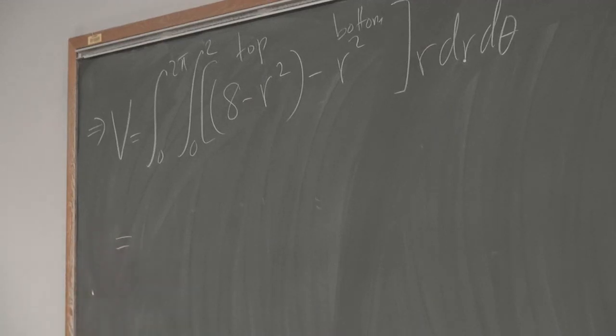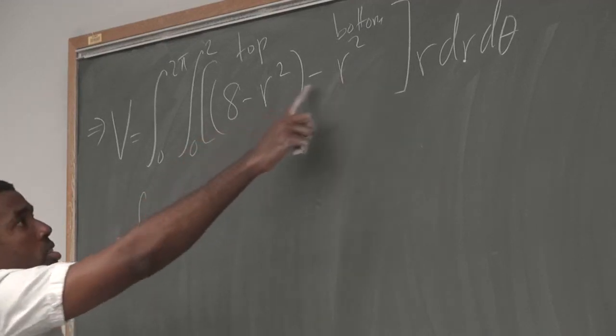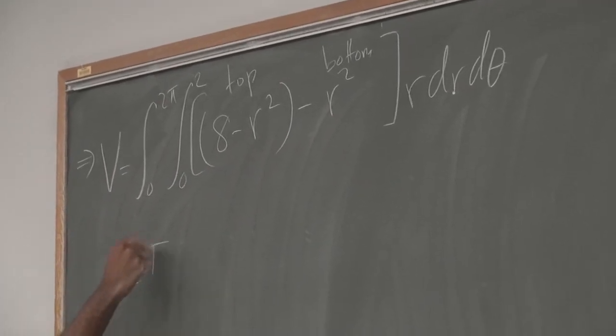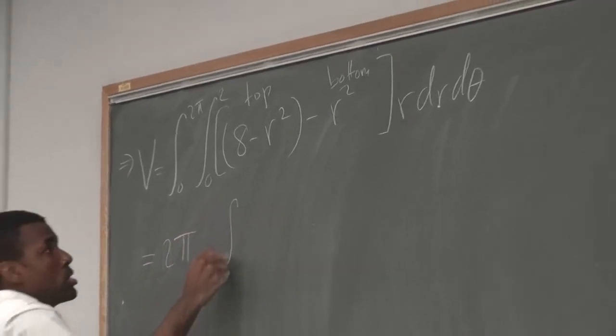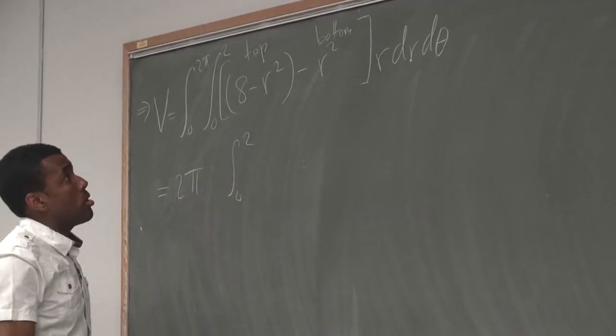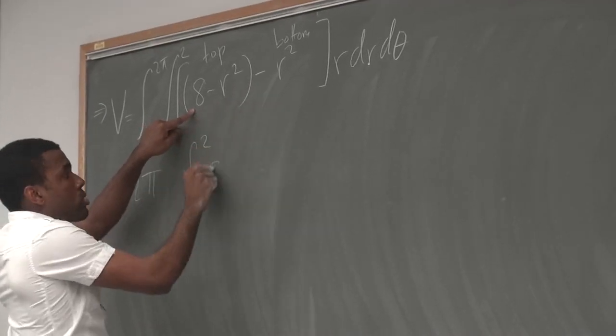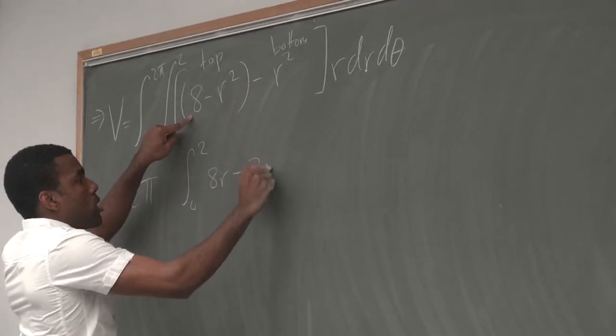So here, again, there are no thetas inside here, so I can evaluate the thetas separately. I can just put that 2 pi here, and then worry about this guy. So that's 0 to 2 of 8r, this is minus 2r squared, so this is 8r minus 2r cubed.